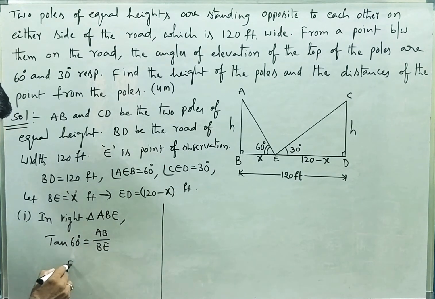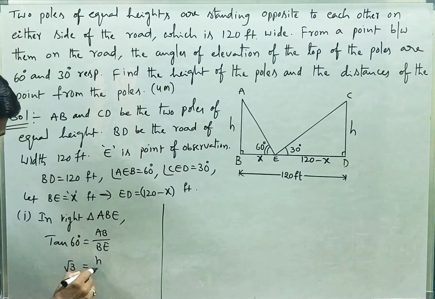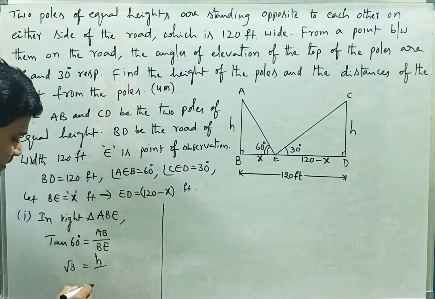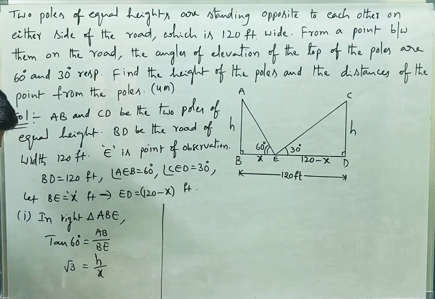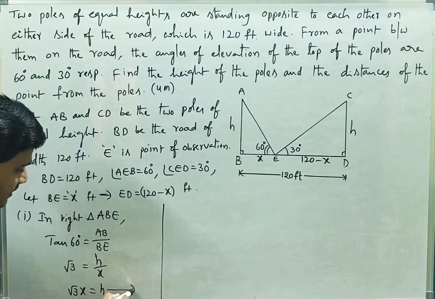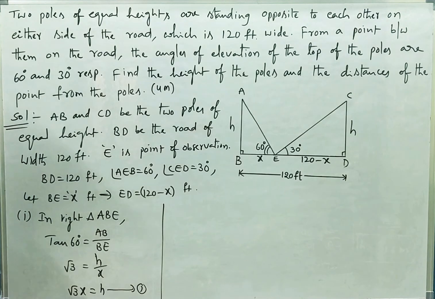Tan 60 means root 3, AB means height of the pole h, BE means distance from the observation point, that is x. Do cross multiplication: root 3 into x is equal to h. Let it be result 1.